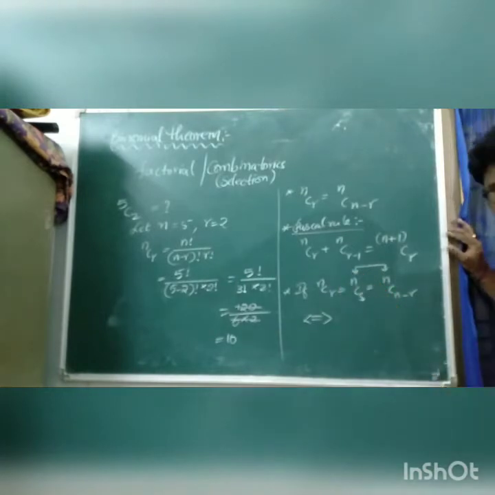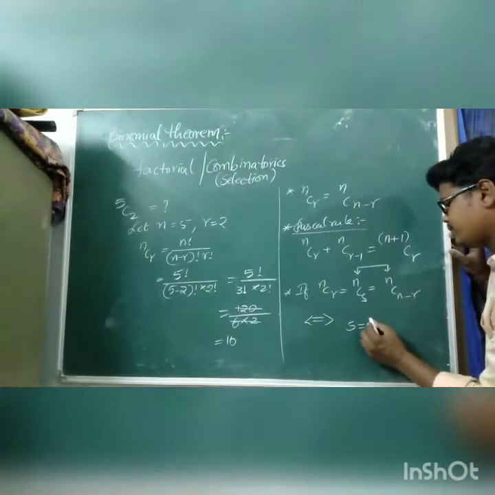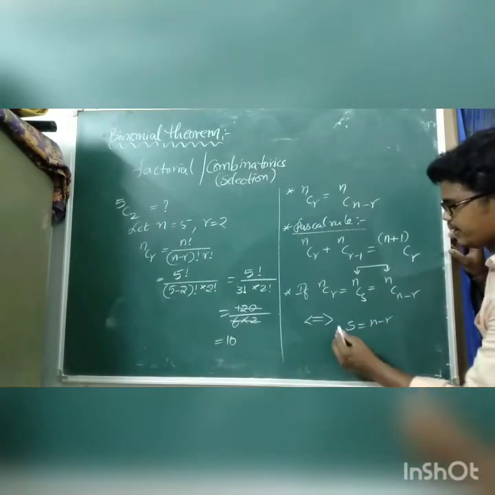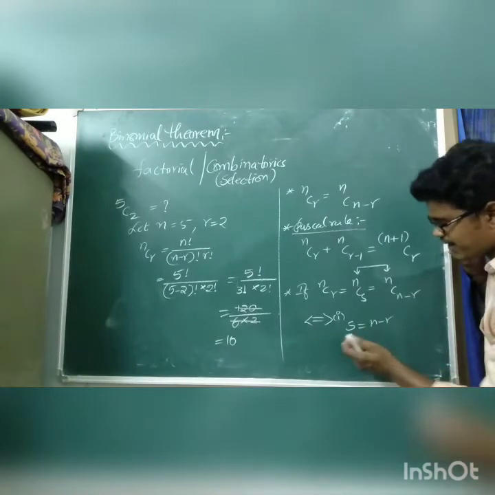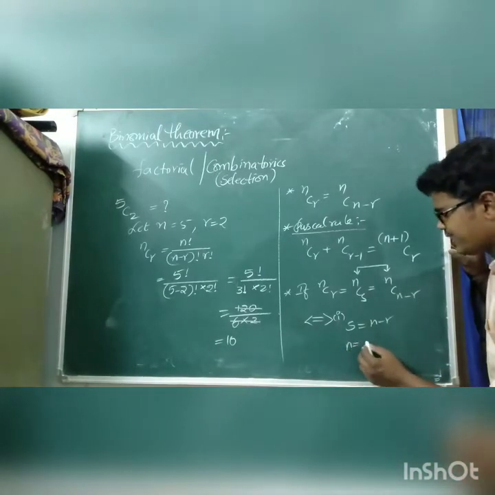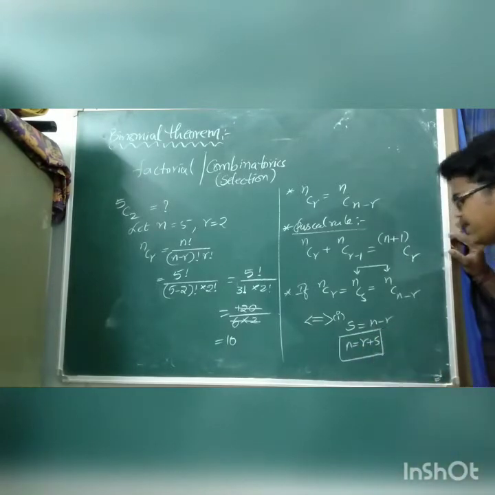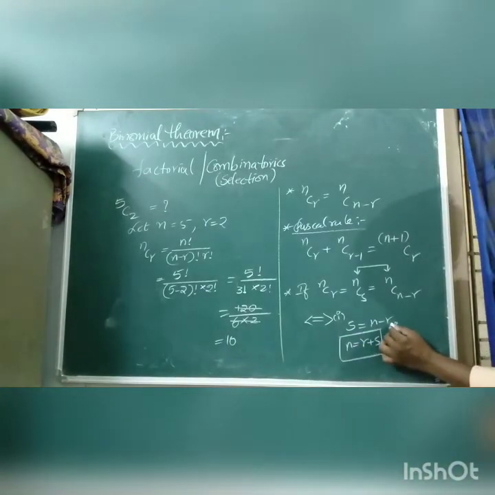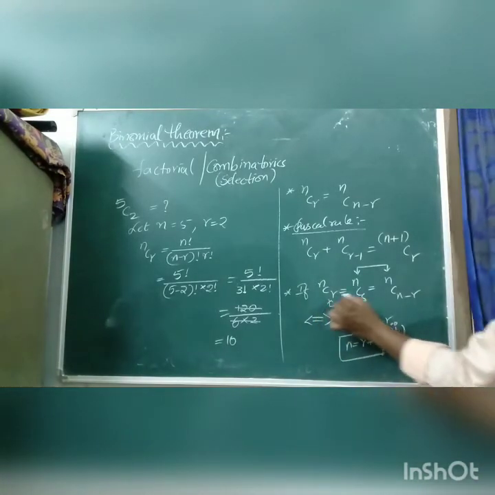Then what will happen here? Here s is equal to n minus r. Okay, this is the first criteria. If you transfer this minus r to that side, it becomes plus, then n equals r plus s. This is the first criteria. And the second criteria is, if we compare these two, what you can observe is that r equals s.